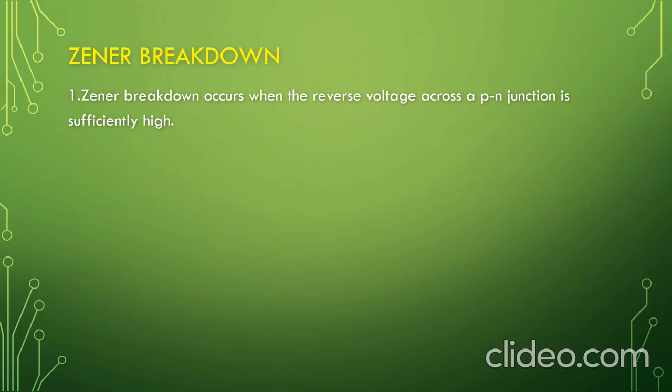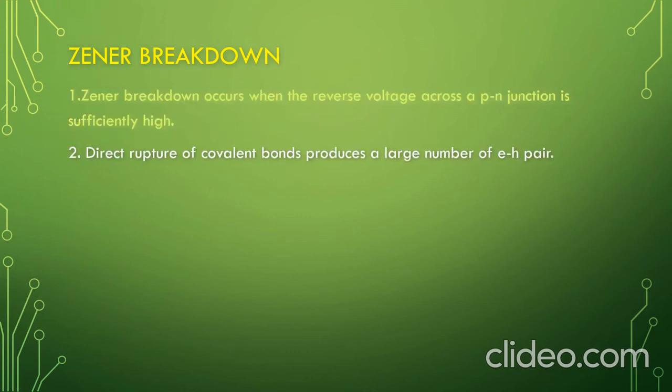So this is the first point. The second point is that a direct rupture of the covalent bonds produces a large number of electron hole pairs, which increases the reverse current. This process is referred to as the Zener breakdown process.